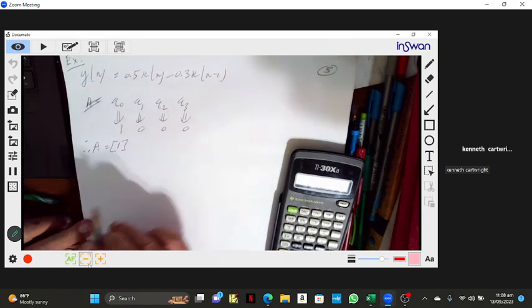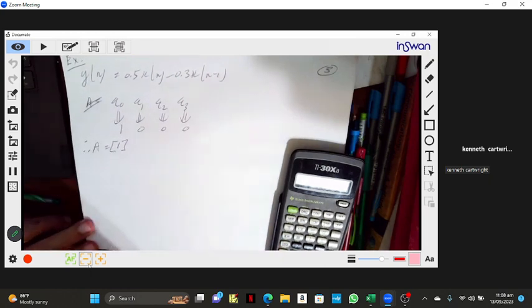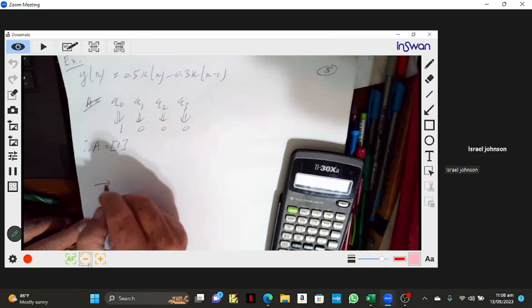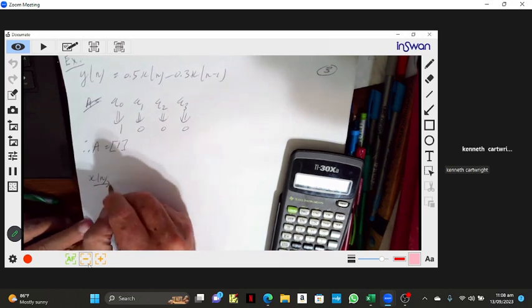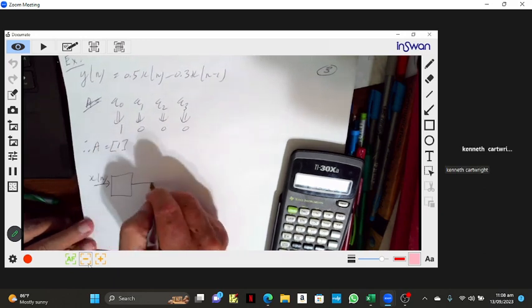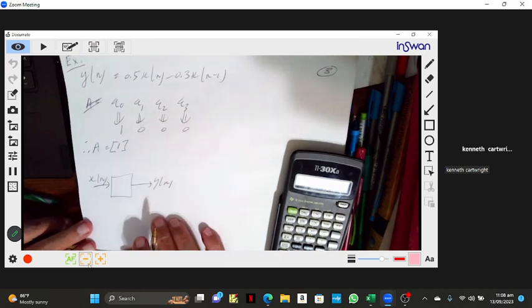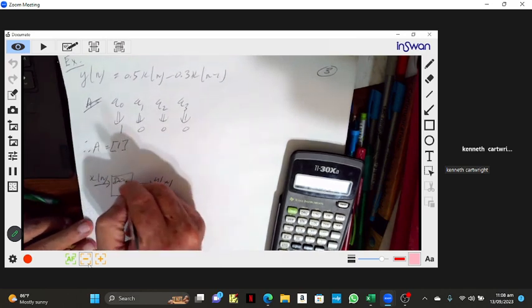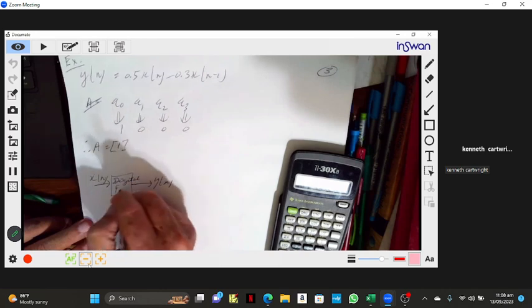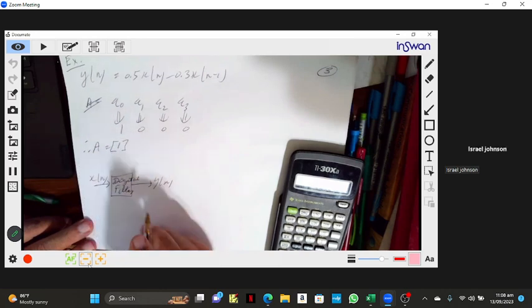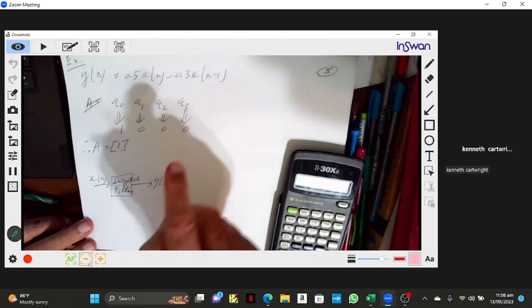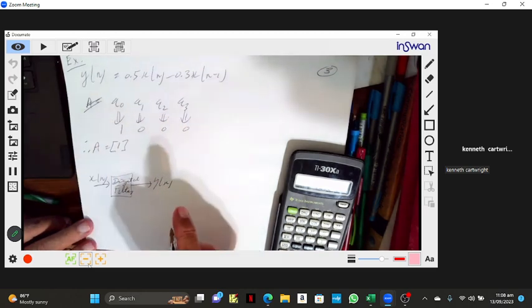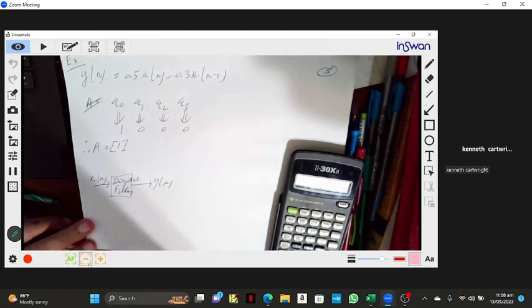Come on, all the digital filters we looked at so far have x of n as the input and y of n as the output. So this difference equation is relating how the output depends upon the input.